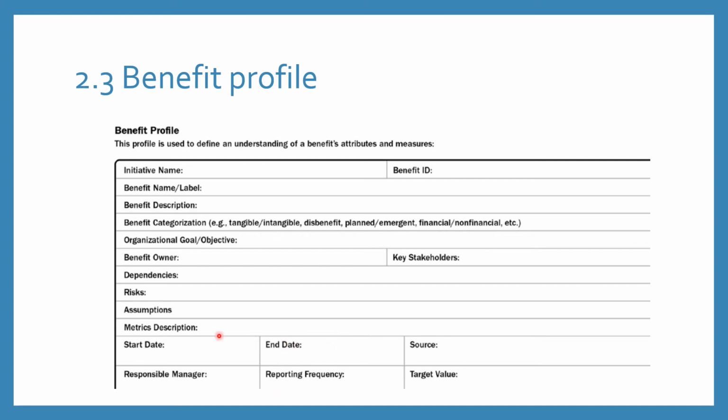And you can talk about who is the responsible manager, what is the reporting frequency, etc. So essentially, it's a simple document. It gives all the information about the benefit, its attributes and measures.